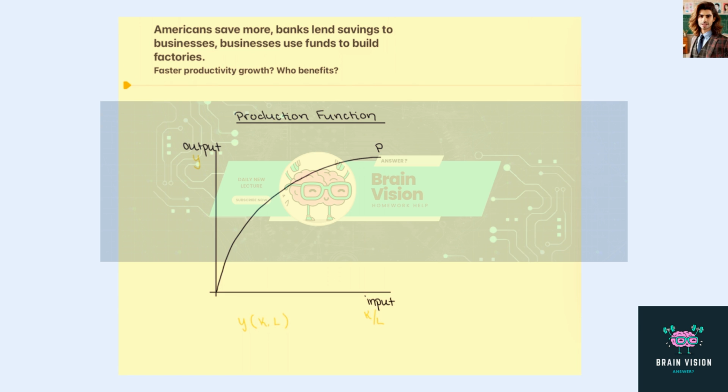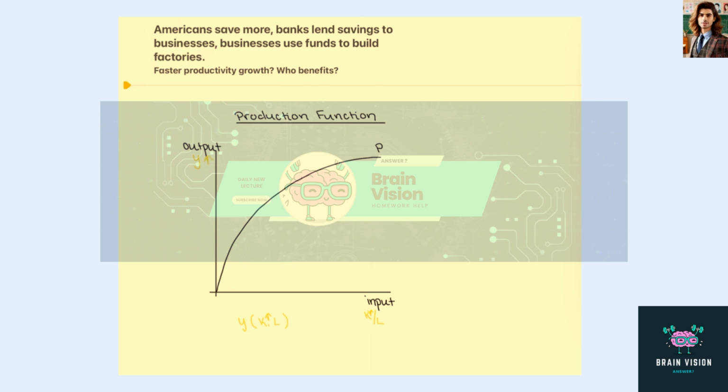So what we're told here, because Americans are saving more, which allows banks to lend this capital to businesses, we're seeing an increase in capital for these businesses. So as capital increases, we would expect our input to increase, right? So if capital goes up, we're going to get a larger number in our input, which means our output is also going to increase.